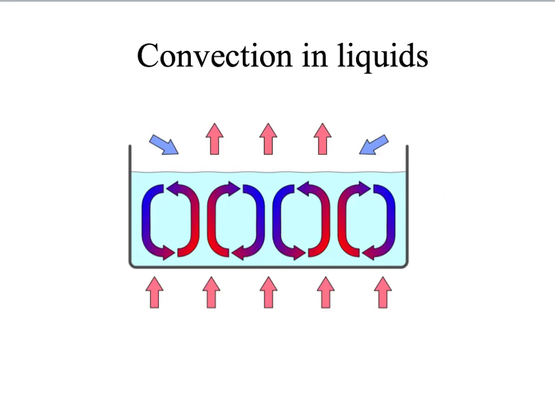Another reason that makes convection so effective is the fact that heating something up will make it less dense, right? So imagine that I'm heating some water up, and then the water at the bottom is getting hotter. And because it's getting hotter, the distance between atoms is getting bigger, and then this makes the water less dense. And remember, things that are less dense float up.